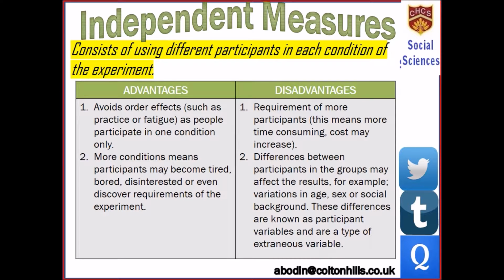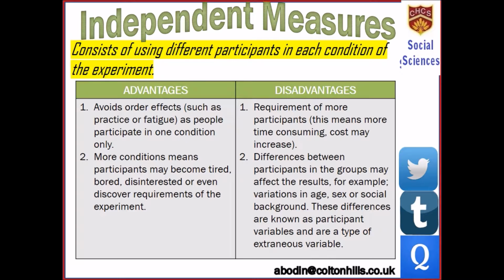So an independent measures design. This consists of using different participants in each condition of the experiment. Using Loftus and Palmer again as an example, an independent measures design would be using one group of participants in, say, the hit condition and a different set of participants within, say, the smashed condition.